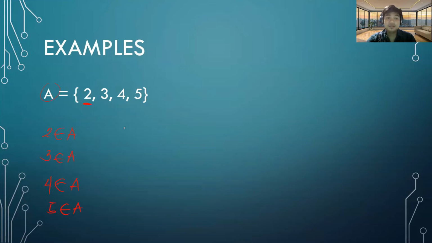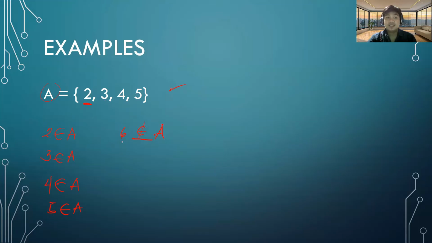How about 6? Is this an element of A? Basically, nakikita natin wala namang 6 dito sa ating set A. So para ma-indicate natin na si 6 ay hindi element ng A, lalagyan natin yung Greek letter epsilon and then we put a slash.